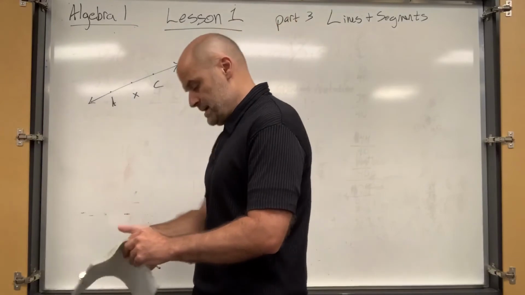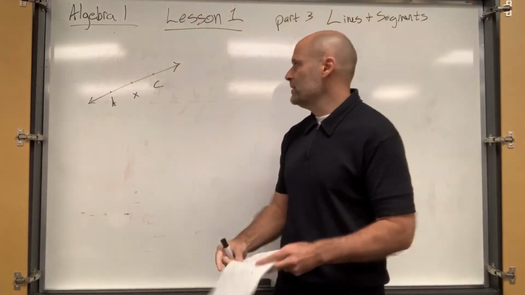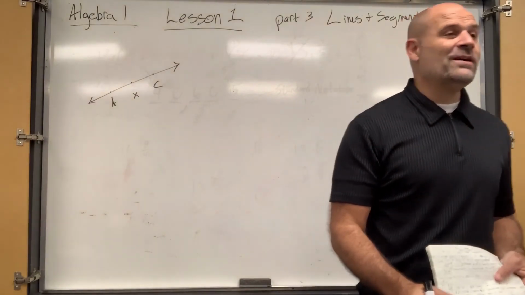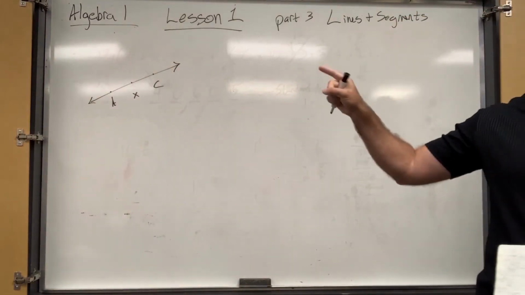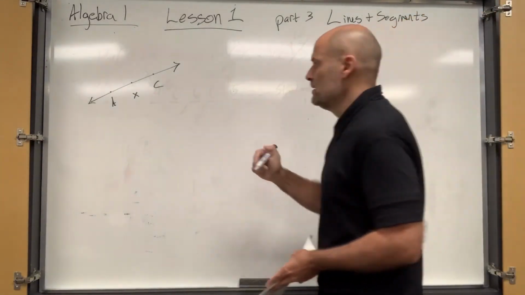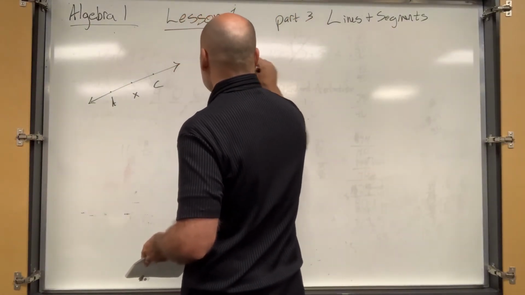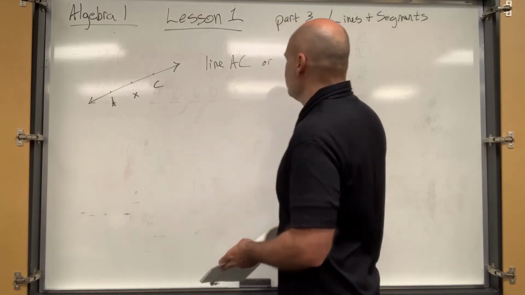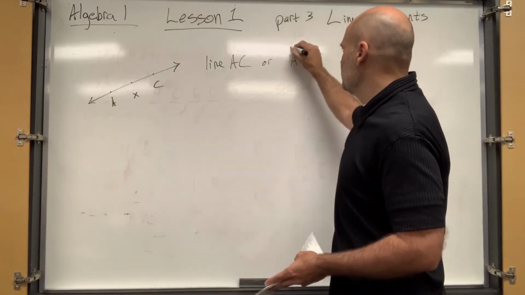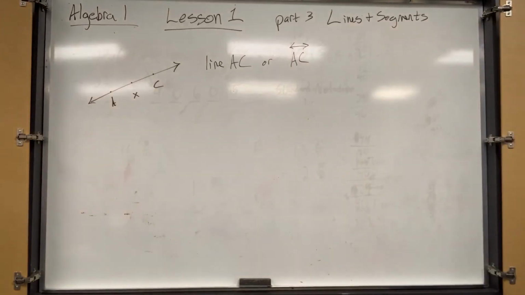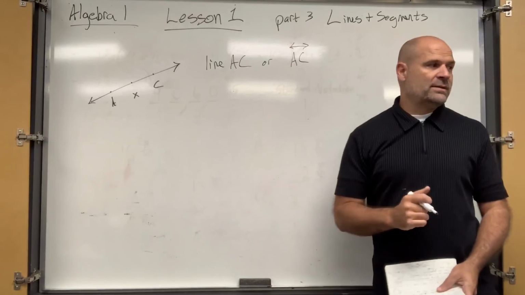Okay, so what were we talking about? Oh yeah, points. All you have to do is pick a couple of these points to say what line it is. This is line AC, or the way the cool kids write it, instead of writing out the word line, they put AC and a little line symbol on top of it.